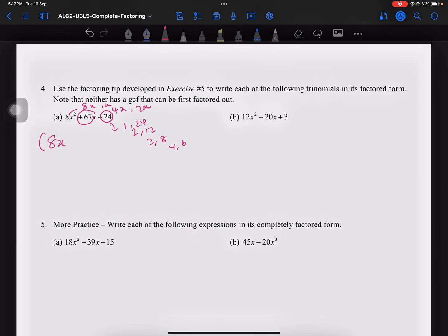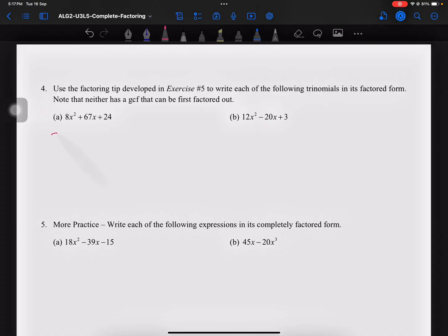If we put 8x and then 8, okay, 8 and x, and then if you choose 3 and 8. If you multiply this, it becomes 3x. This one multiply this becomes 64x. So when we add this, it becomes 67x. When we multiply this and this, it becomes 24. So we know that our factor is correct.